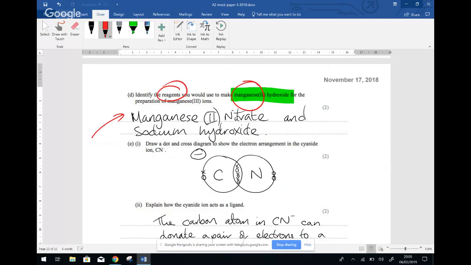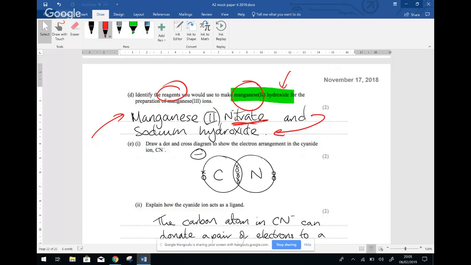I always choose the nitrate because nitrates are always soluble. And then I'm going to add to it sodium hydroxide to turn it into manganese 2 hydroxide precipitate. And we're done.